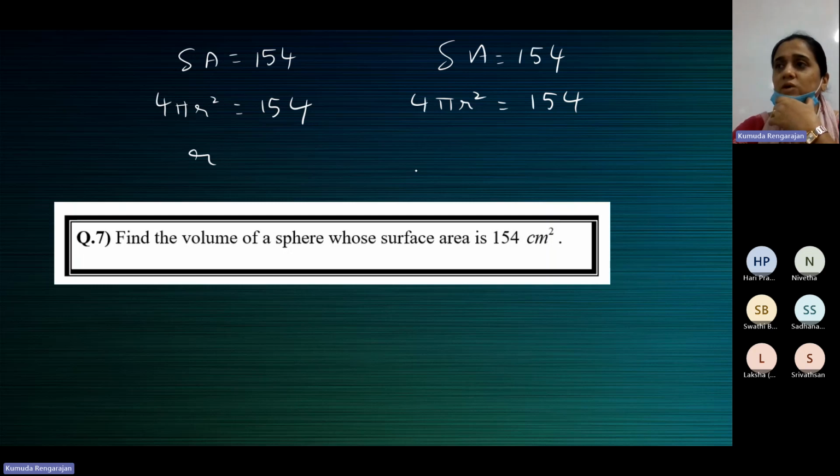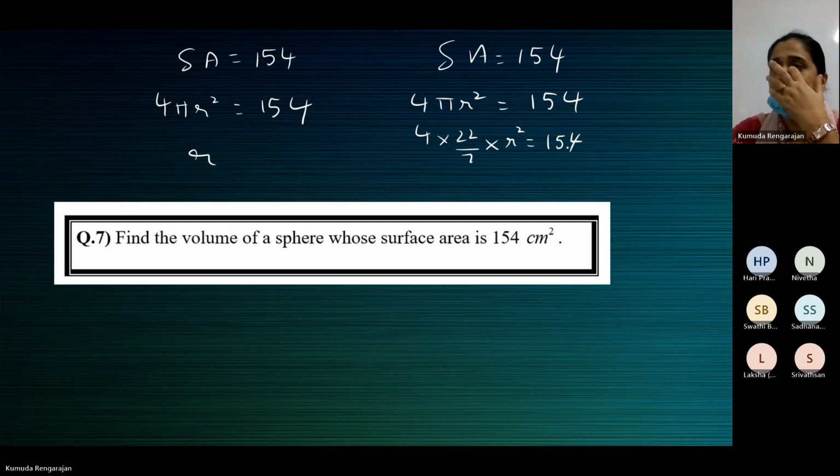So 4 into pi, which is 22 by 7, into r square is equal to 154. So you can find the value of r, and once you find it, you can find the volume of the sphere.